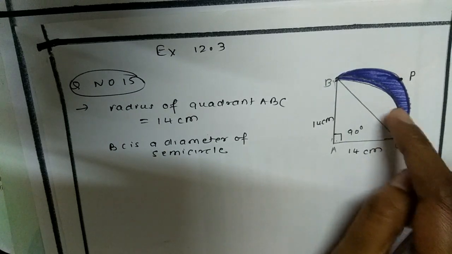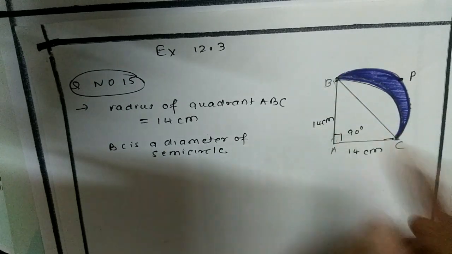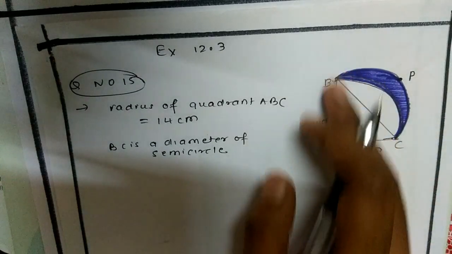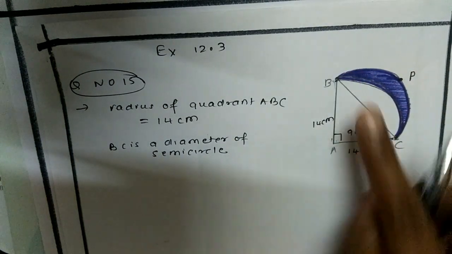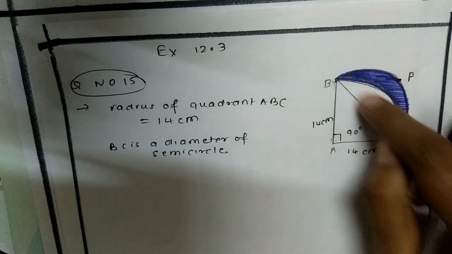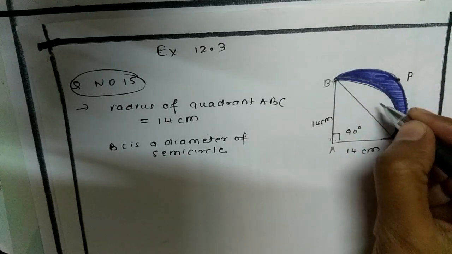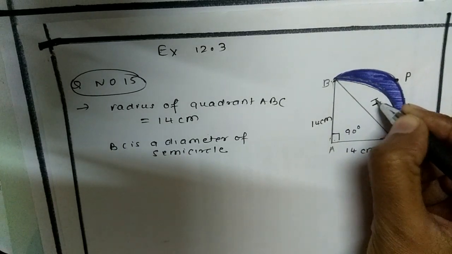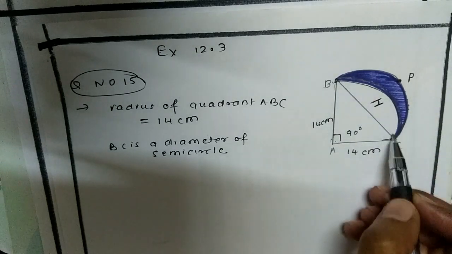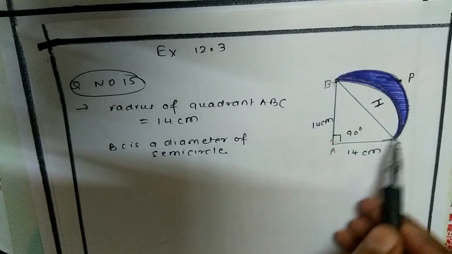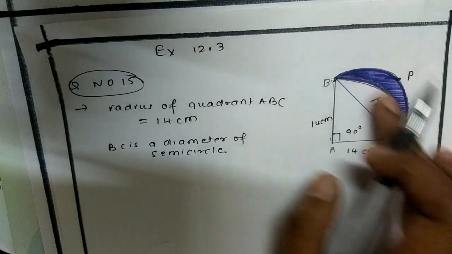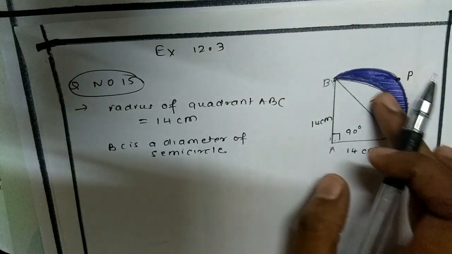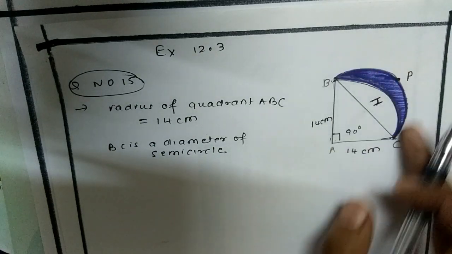To find the segment, we need to find the sector area. Sector is nothing but the quadrant. So find the sector area, the sector ABC, and subtract the area of the triangle, so that you will get the segment area. That segment I'll name as 1. So from the full sector area, subtract the area of the triangle, so that we get the segment area. Then the segment is a part of semicircle BPC, isn't it?